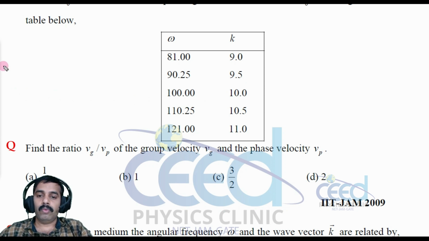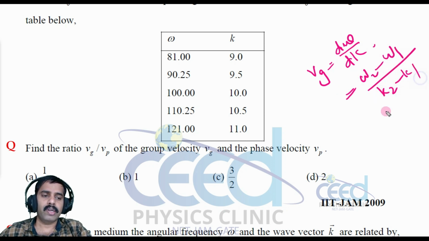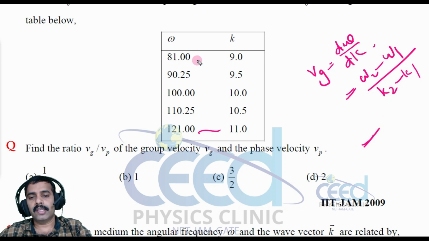So omega by k, right? Let me write this Vg and Vp first. What is Vg? Vg is equal to d omega by dk. So d omega is omega 2 minus omega 1 divided by k2 minus k1. So we can take this interval and this interval.